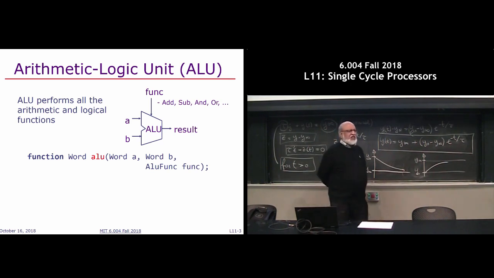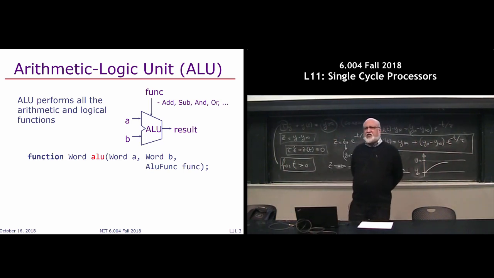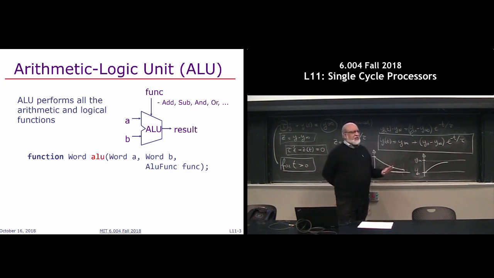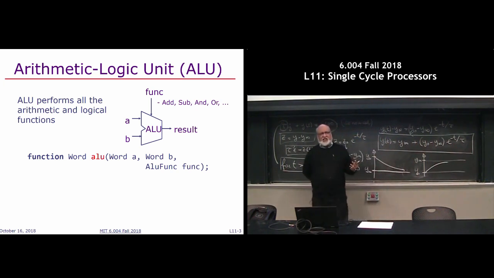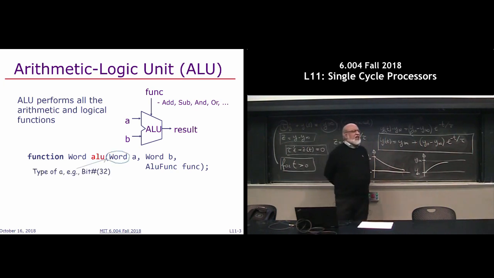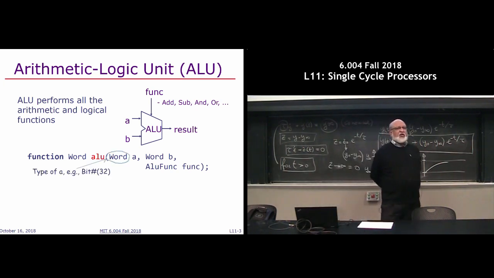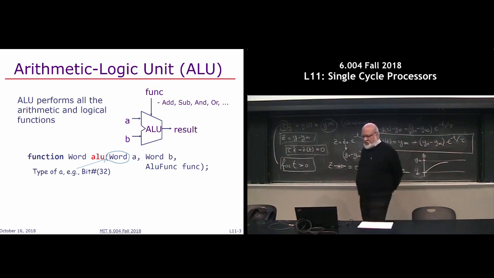And from now on, instead of writing Bit 32 all the time, because it's a 32-bit machine, we'll just write Word. And somewhere else you would have described that the typedef for Word is 32 bits.